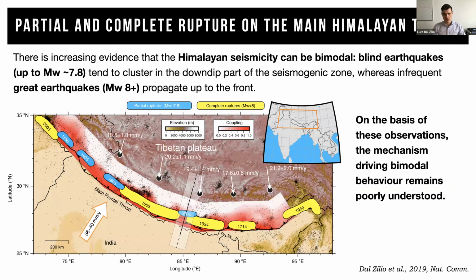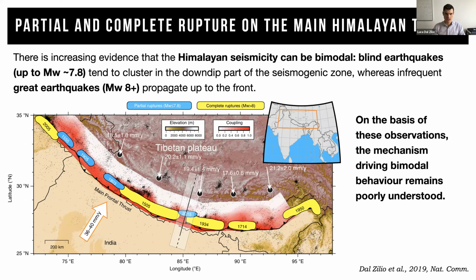Now, when we look at the distribution of seismicity, as I previously mentioned, this distribution is very variable along the strike. From historical seismicity, some of these events clearly reach the surface, and there are indications from trenches that have been made at the main frontal thrust. But many of these other events seem to be confined in the deeper region of the fault.